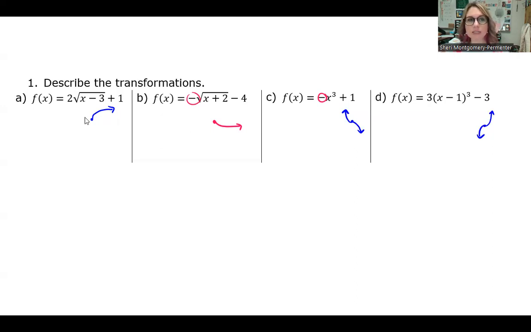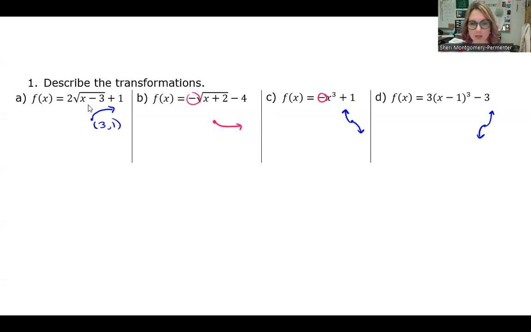Next thing that I want to do is identify that point right here. So for this first one, we have a -3 and a +1, except for everything underneath that square root, it's opposite. So my h, k, that point right there, it's going to be +3, 1.